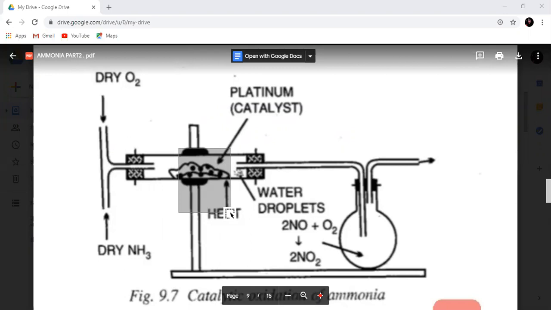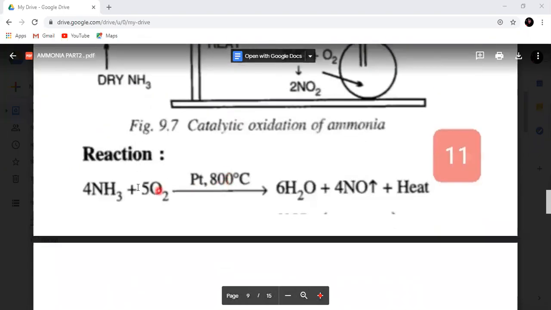In that reaction, when ammonia and oxygen come in contact, first of all, which one forms? Nitric oxide is forming, with heat being eliminated, and water vapors. I'm showing you the equation first, then I will clear it more. Check it.